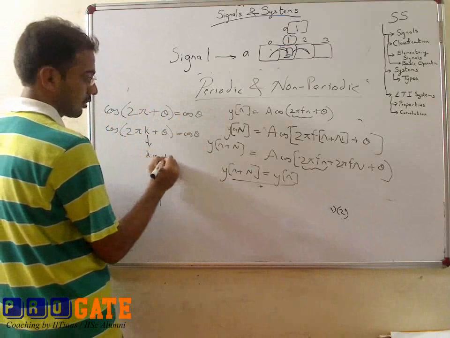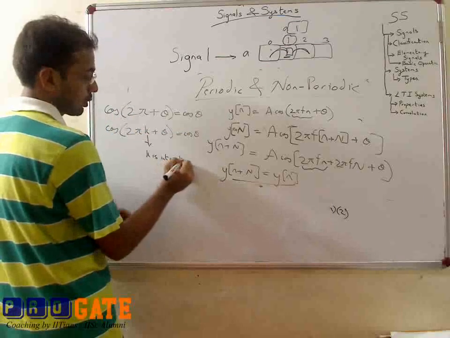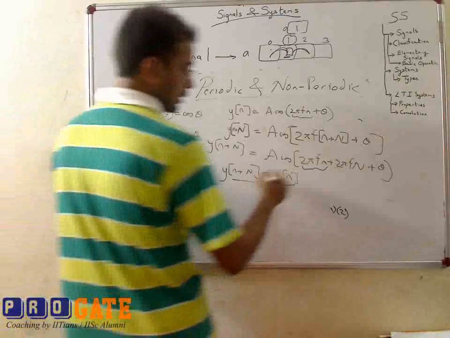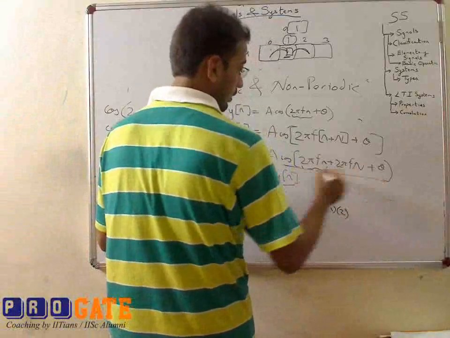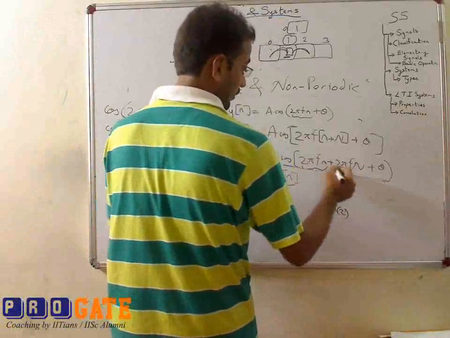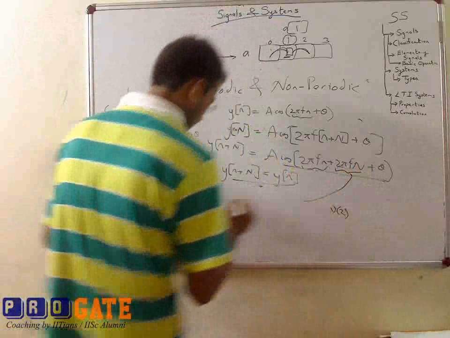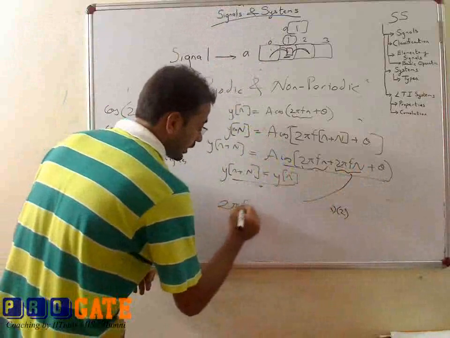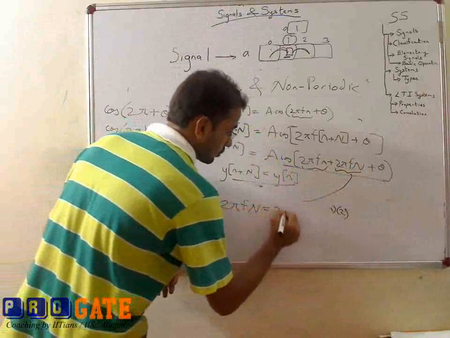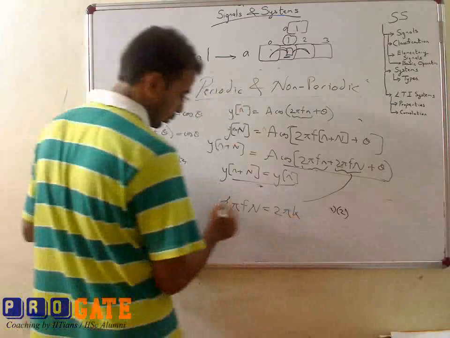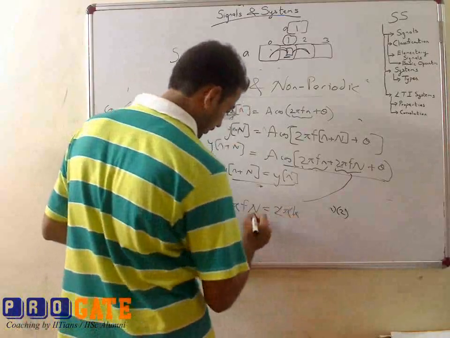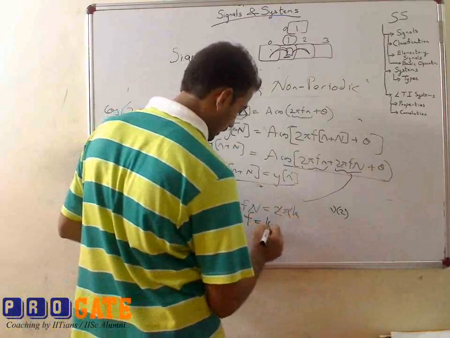K can take values from 0 to n. So over here, this is again cos, so this 2 pi f N has to be an integral multiple of 2 pi k, where k is an integer. Now cancelling out 2 and pi, my frequency is equal to k by N.